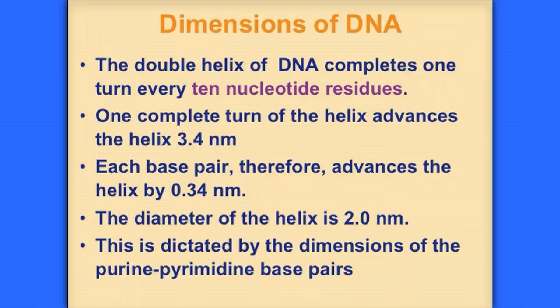So the distance that one helix completes is about 3.4 nanometers. Between the bases, it would therefore be reduced to 0.34 nanometers, considering that there are 10 base pairs between them.